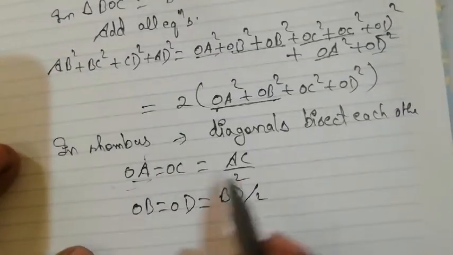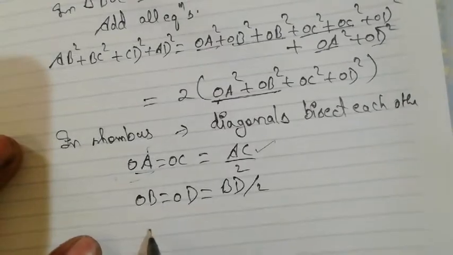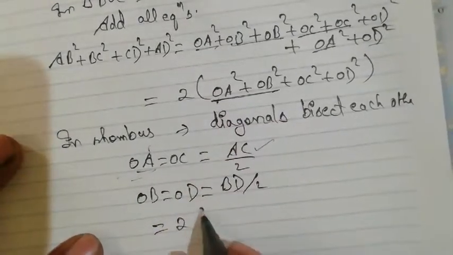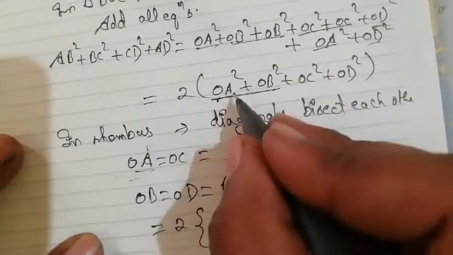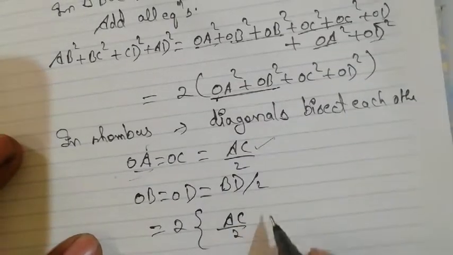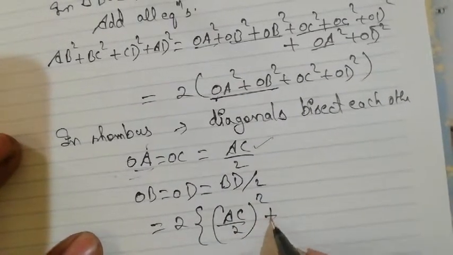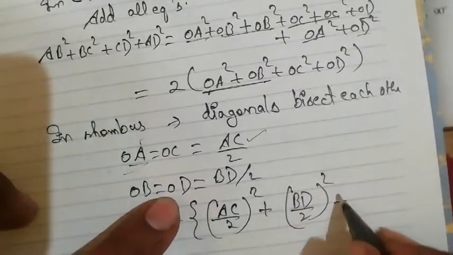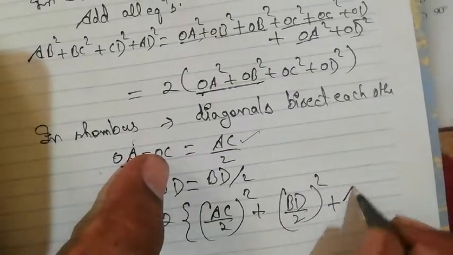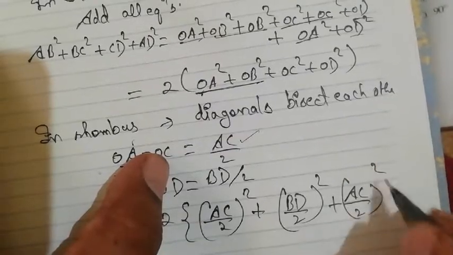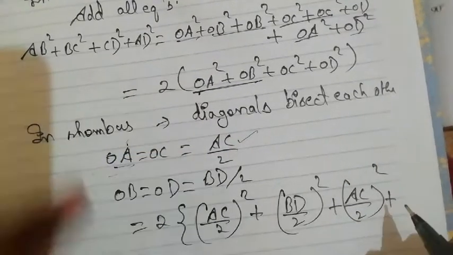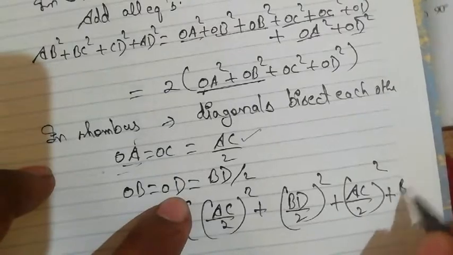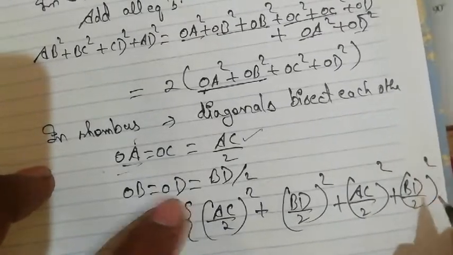So in place of OA I am going to write AC by 2. From here we have 2 as common: in place of OA is AC by 2, whole square, plus OB is BD by 2, whole square, plus OC is also AC by 2, whole square, and OD is also BD by 2, whole square.